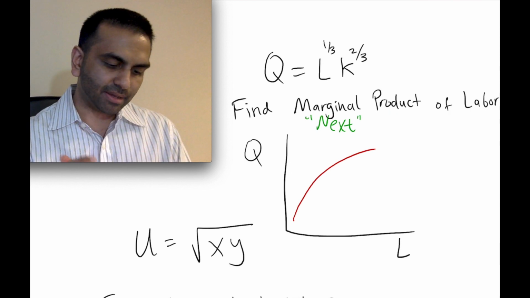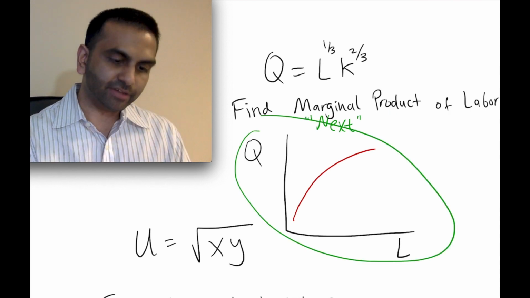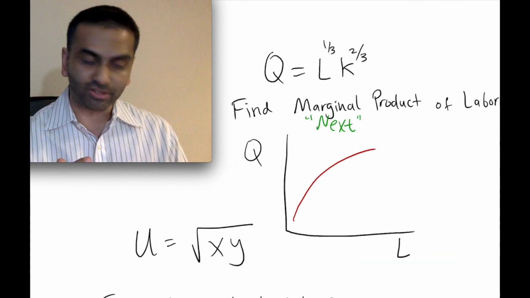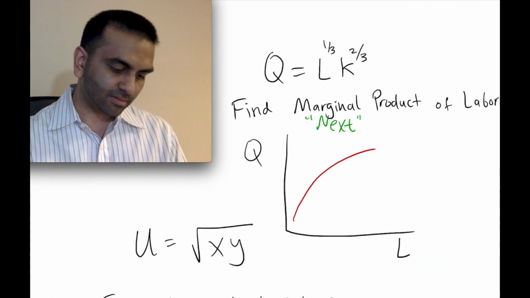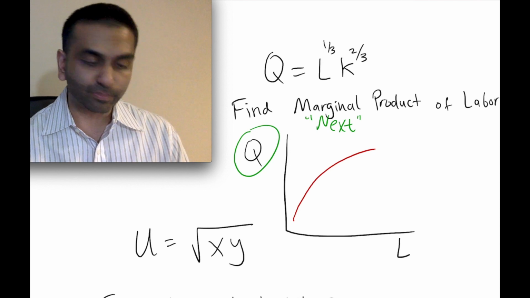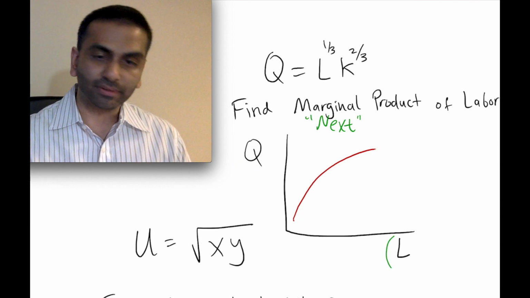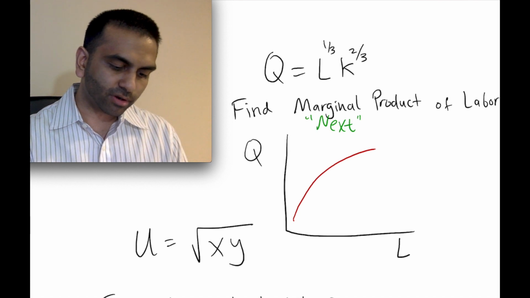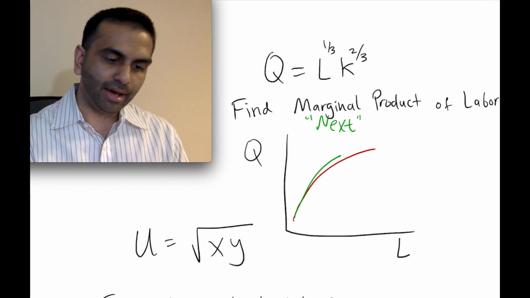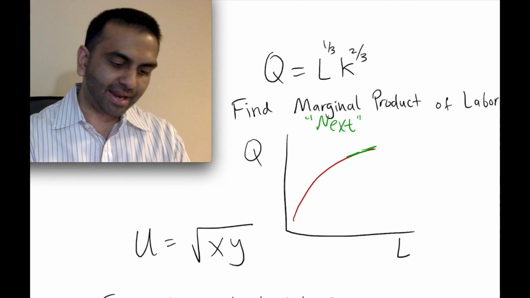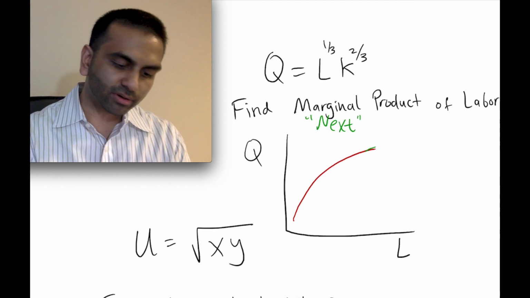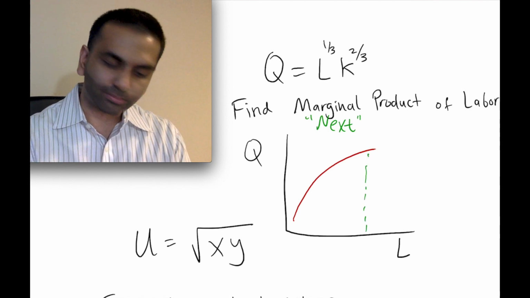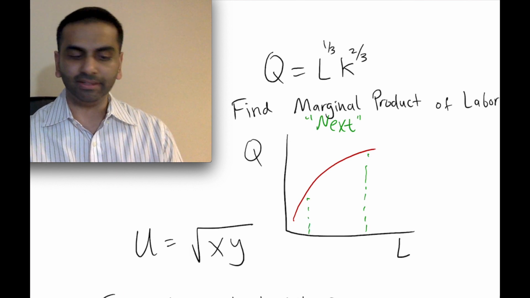Let's think about this. If this graph is the graph of your production function, let's say this is the number of cars you've produced, and this is the total number of workers that you have. Clearly, the more workers, the more cars are produced, and it's going up, but at some point it starts to flatten out, where this 10th worker didn't add as much to your product as the very first worker did.